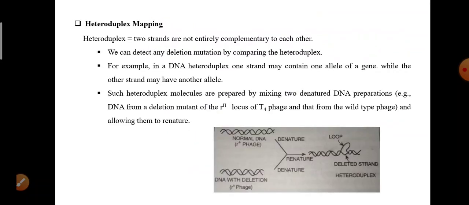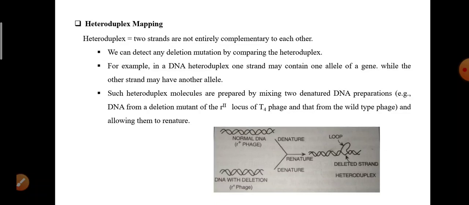In the case of heteroduplex, we have to know what a heteroduplex actually is. Heteroduplex means two strands of nucleotides which are not entirely complementary to each other. Because they are only partially complementary, the place where they are not complementary to each other will form a loop, and that is the heteroduplex. Suppose we can detect a deletion mutation by comparing the heteroduplex.